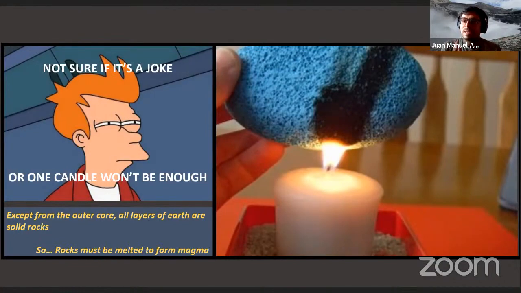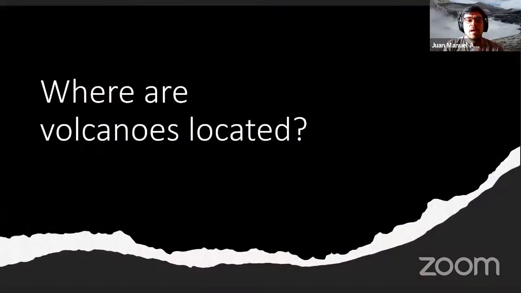So there must be some kind of process that melts down the rocks of the mantle and forms this magma. We all need to have volcanoes. So where are they located?